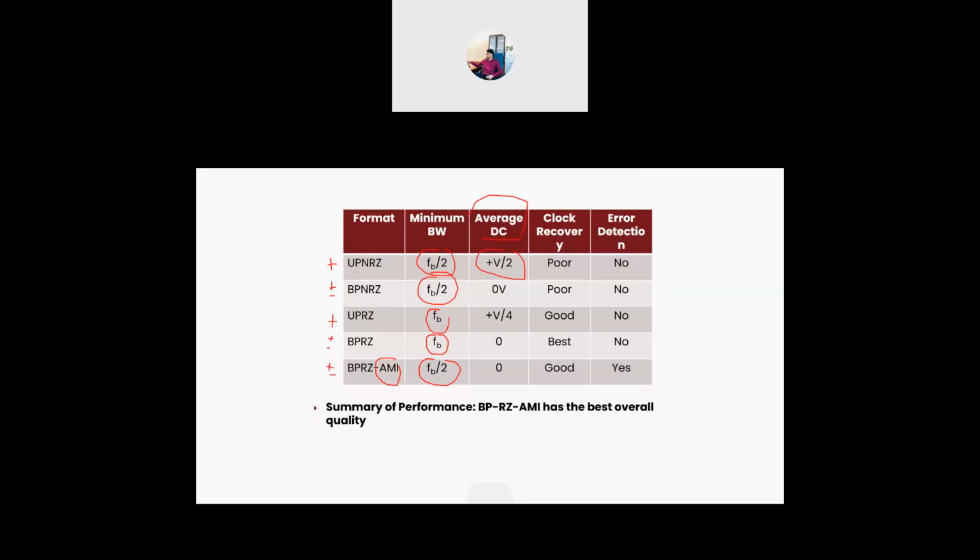For the bipolar non-return to zero, it will be 0 because you take for example positive 5 volt and negative 5 volt, so it should be 0. And for the unipolar RZ, the average DC is V over 4, bipolar RZ is 0, and bipolar RZ AMI is 0.